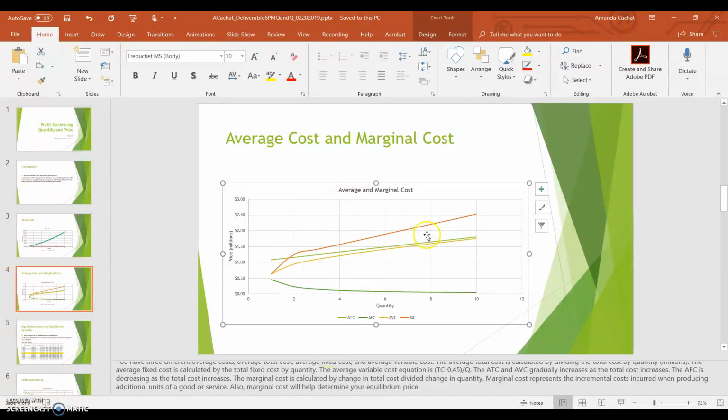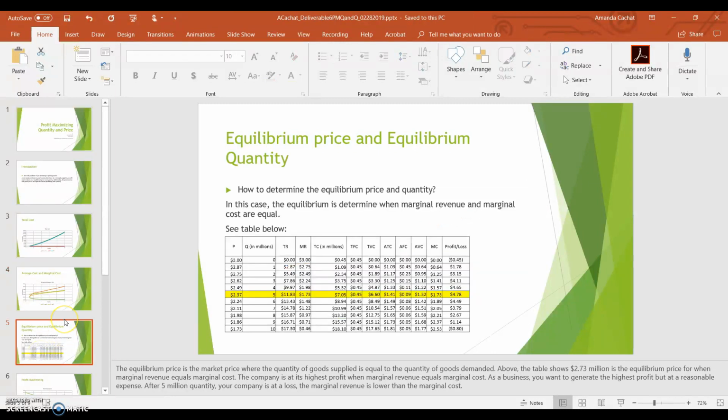As the marginal cost is increasing as well. And then the average total cost is straight across, but increases as the amount goes up, but it doesn't have as much wave as a difference as the average variable cost. Alright, so that is that slide, and we're going to move on to equilibrium price and equilibrium quantity.